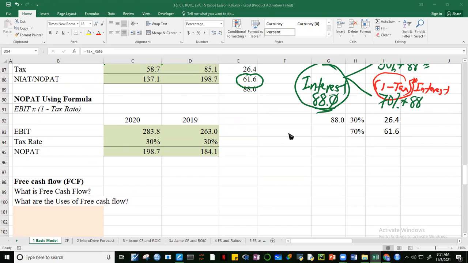Given any situation, no. Because there are different tax rates for, let's say, estate tax, donor's tax, final tax. There are different taxes. The 30% is a corporate income tax. So different taxes have different rates. For example, donor's tax has a different tax rate.